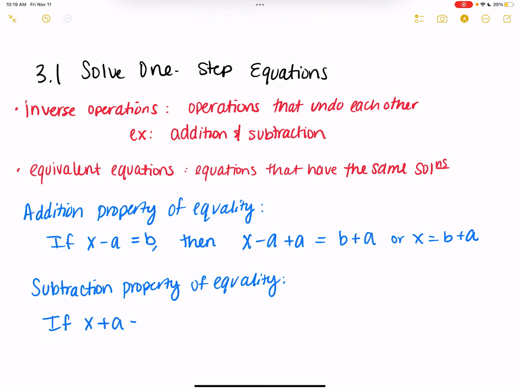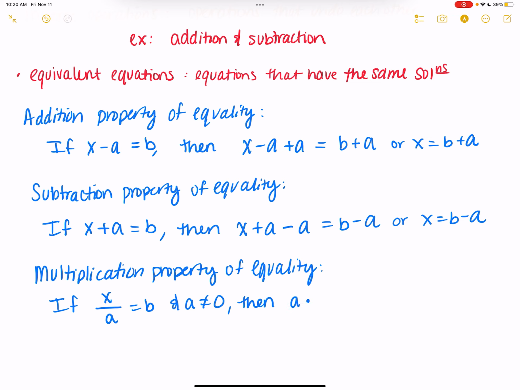It's never allowed to happen. Then a times x over a equals a times b, or x equals a times b.